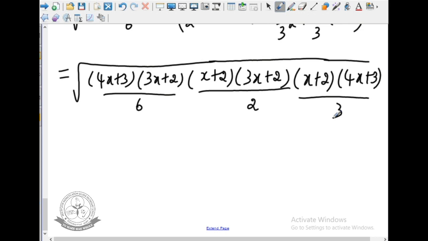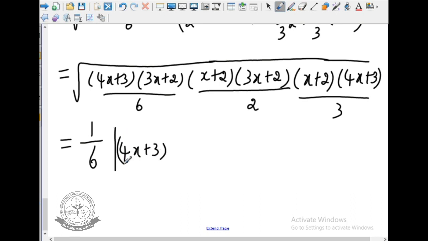The numbers in the denominator, if I multiply the number, 6 2s are 12, 12 3s are 36, right? So the square root of 36 is 6, that is 1 by 6. Then square root of, here I am having 4x plus 3 into 4x plus 3, right? So I will take only one 4x plus 3.